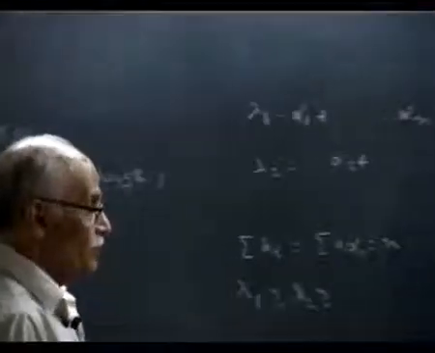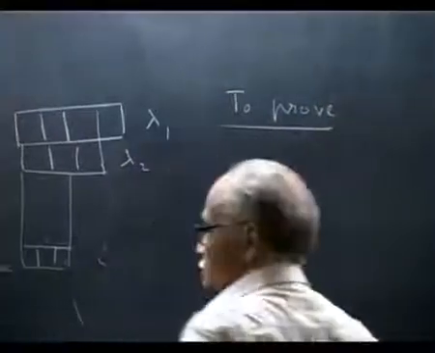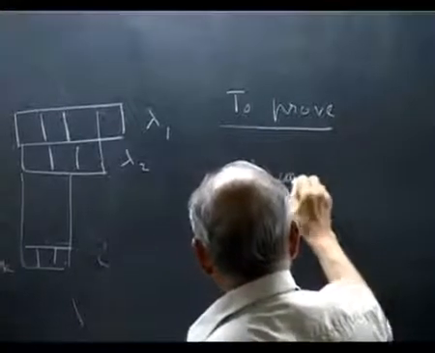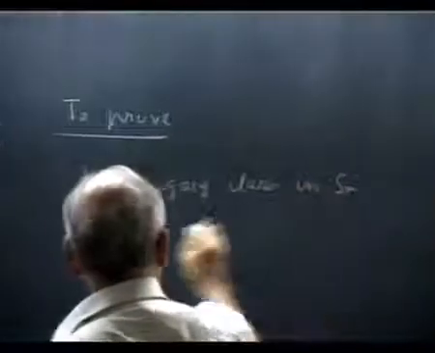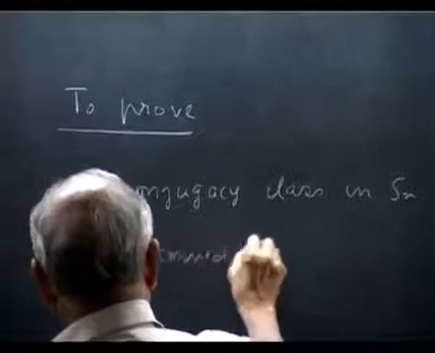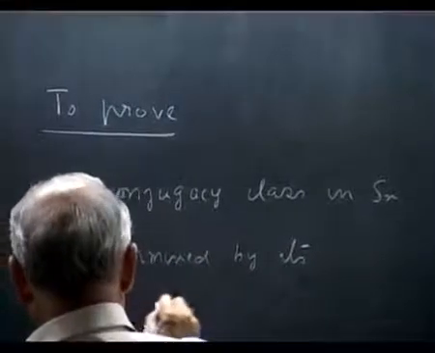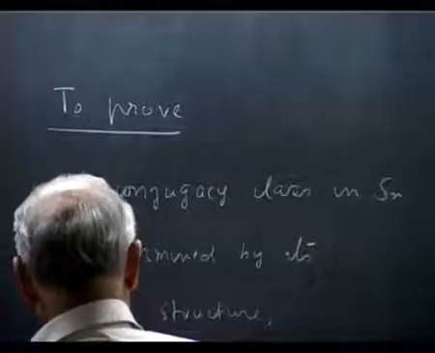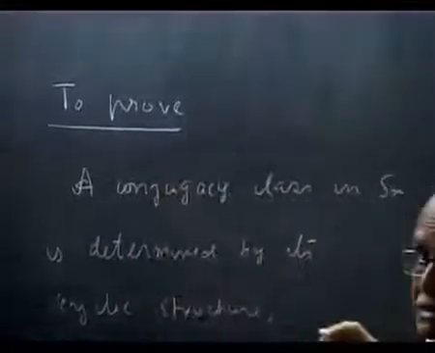Now I want to prove a conjugacy class in Sn is completely determined by its cycle structure, by all its elements having the same cycle structure.